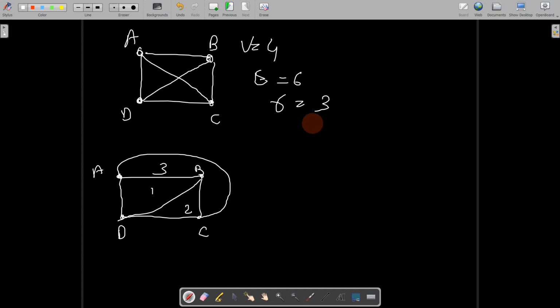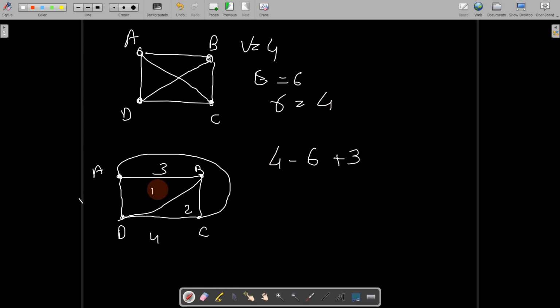Okay, so vertices 4 minus edges 6 plus 3. How much is this? 4 minus 6, that is minus 2, plus 3. Oh, wait. There is one more region. 1, 2, 3, and this outside part. That is 4 regions. Regions would be 4. Sorry for this.